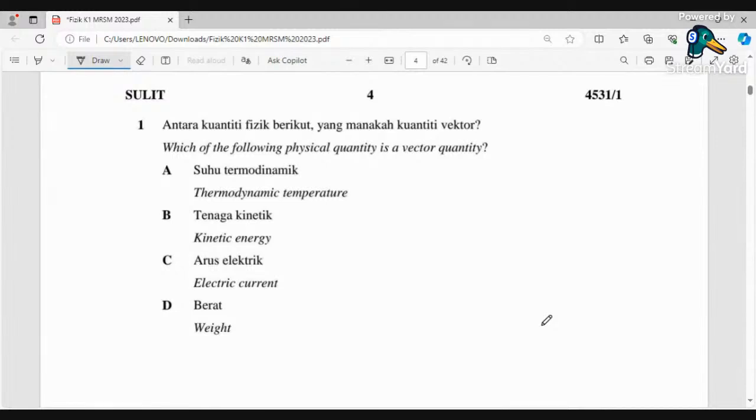So for the question, I will discuss the related concept. For number 1, physical quantity is a vector quantity. As we know, physical quantity is something that can be measured.